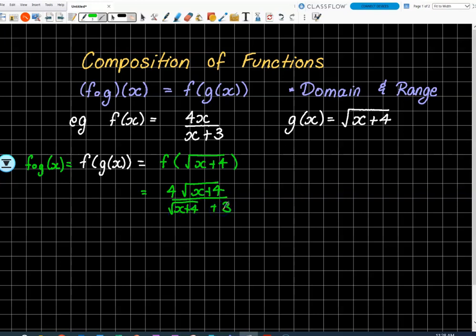Agreed? Now, to play around with our domain, we have to think about, okay, when is this defined? And that square root is looking me in the eye and going, do something with me. So clearly, when we're talking about our domain, what has to be the limit on x? -4.